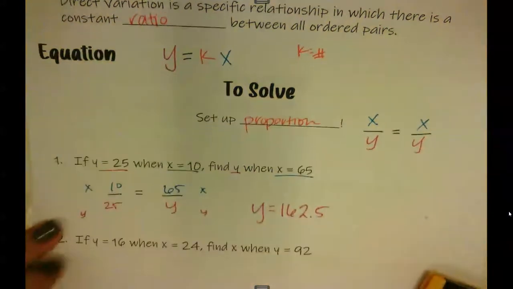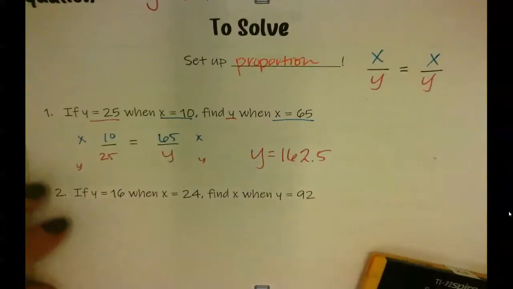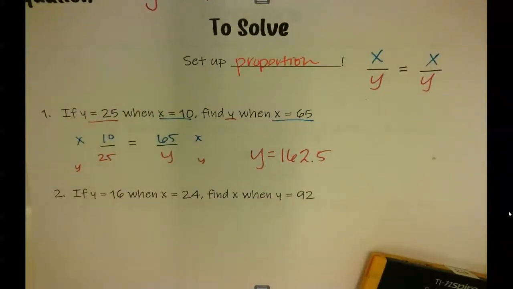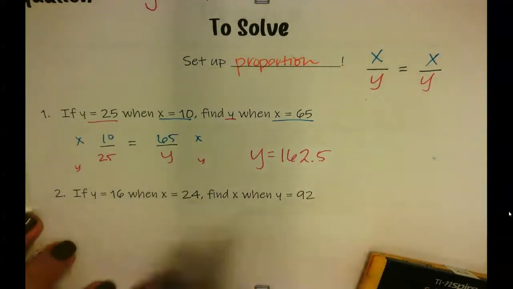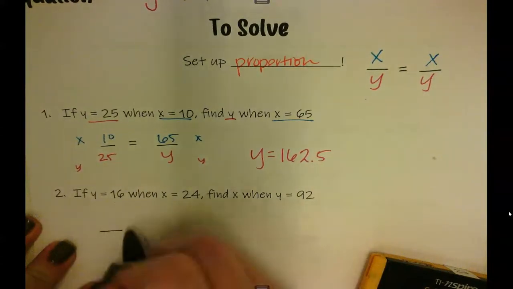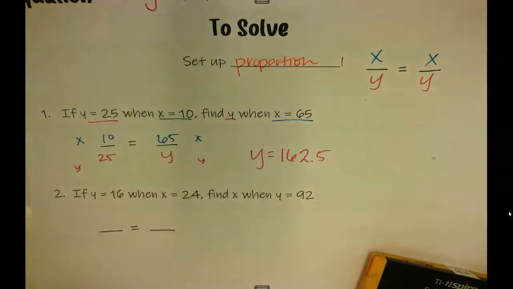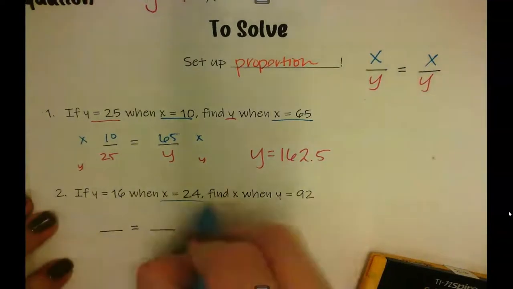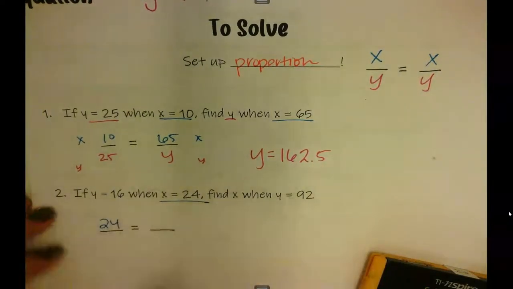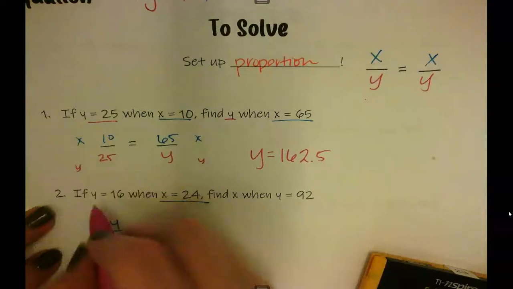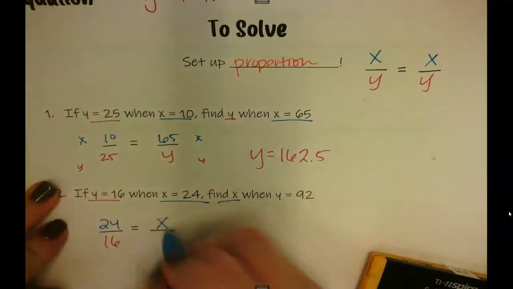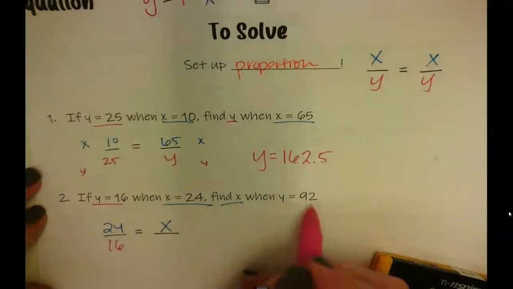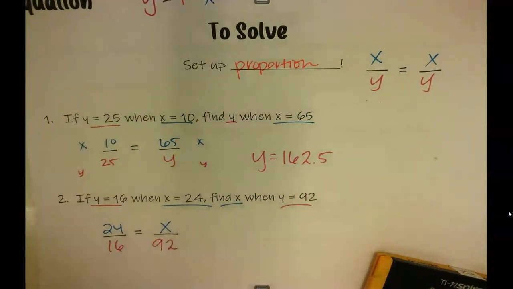All right. So I got another example so that y'all can see how it's done. Again, if y equals 16 when x is 24, find x when y is 92. So we're going to set up our proportions. x on top, y's on bottom. This time we don't know x, so my variable goes on top, and we know y is 92.